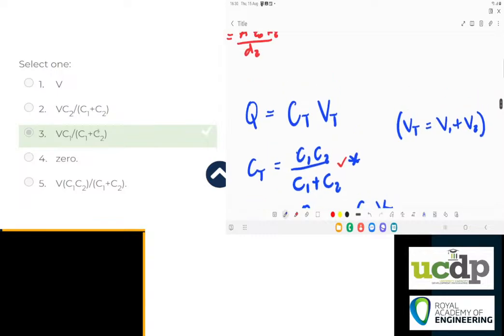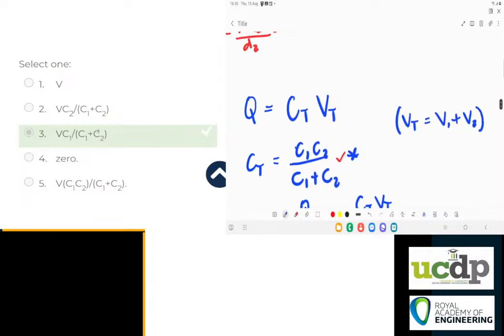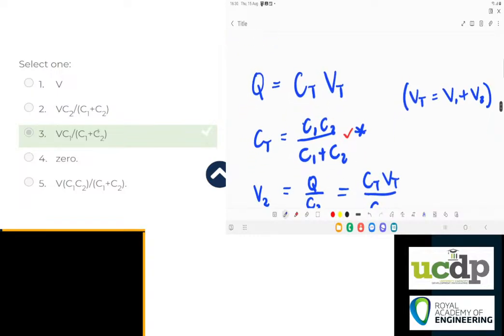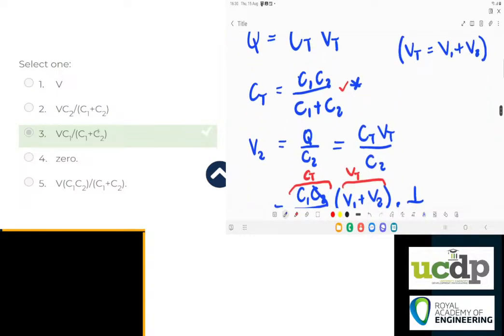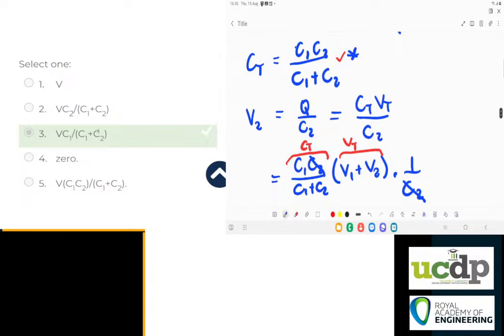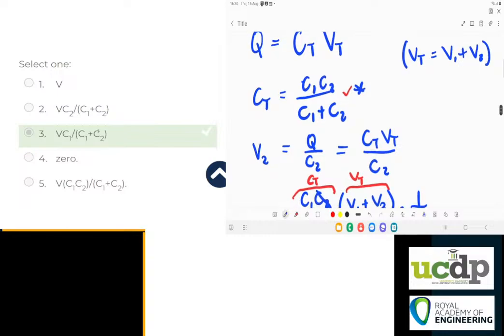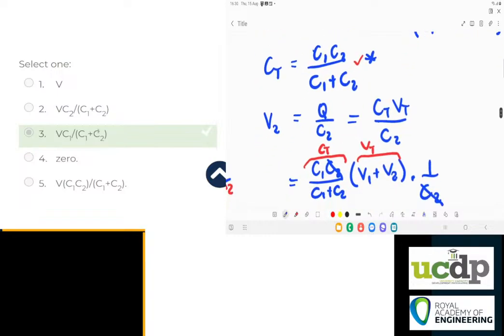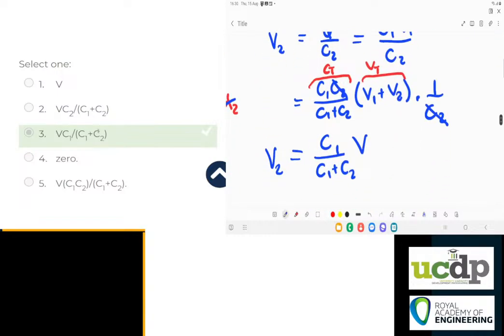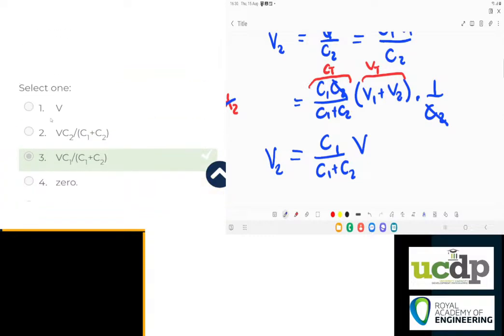It gives us an expression for the total capacitance in terms of C1 and C2. Then knowing our total voltage, which is V, we can simply express V2 as the total charge, Q, divided by C2, and that gives us that expression. So I'm sure that should be quite straight.